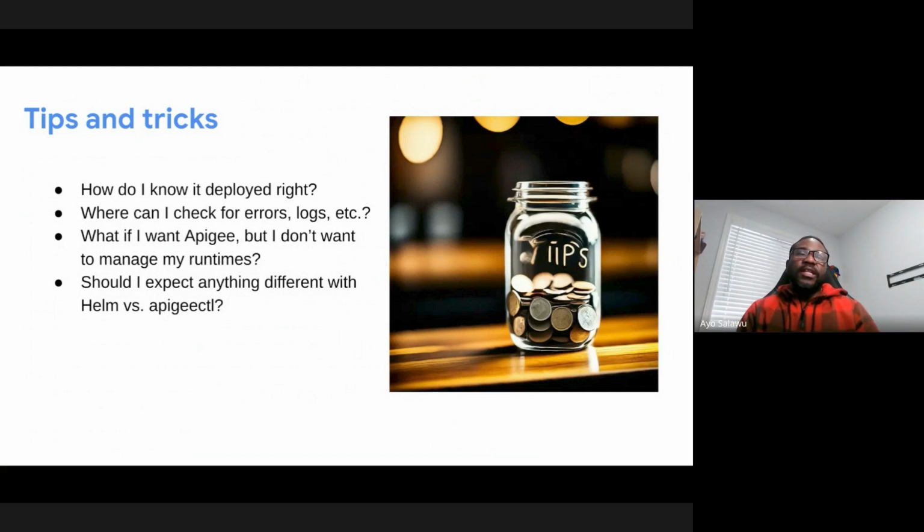To know that it's deployed correctly, as part of our public documentation for the installation with Helm chart, we have a verification step when you go through installing each of the component charts that we had in the previous slide. After you run each of those Helm CLI commands to install each chart, there is a verification step that you can perform to show that the component's chart is running and that the actual custom resource that controls that chart is in running state.